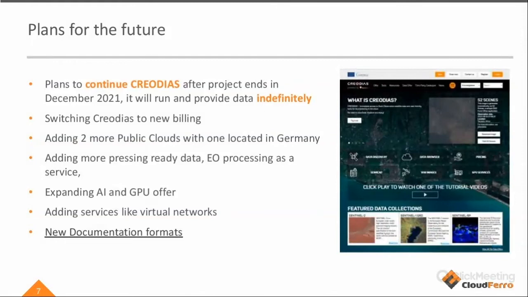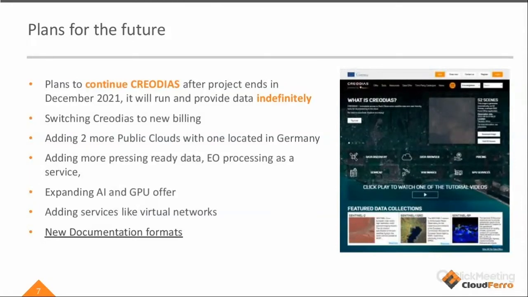We also want to add more EO processing as a service and products, and we are constantly experimenting and changing the EO data so that the data is available for processing just from the DIAs, so that you don't have to copy the data to your repository, pre-process it, and then process it.